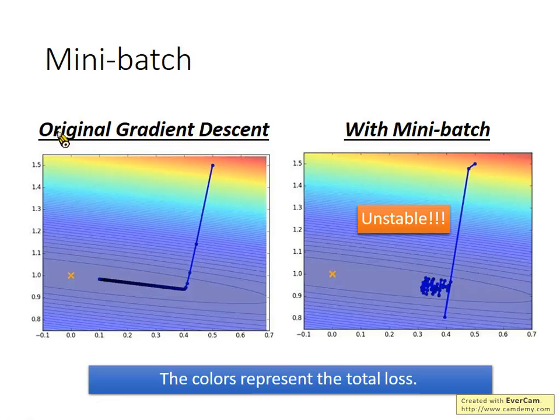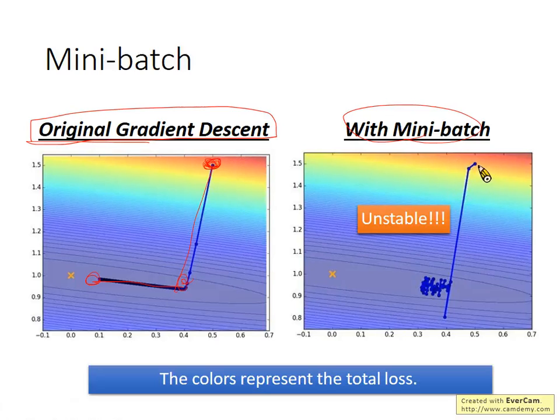So in the original gradient descent, we calculate the total loss over all training data. Theoretically, we have a very complete loss surface, and we can find the best direction to update the parameters. Initially, we have a parameter here, and then we jump to here, and then we jump to here. With mini batch, the update procedure looks more complicated, maybe more unstable.